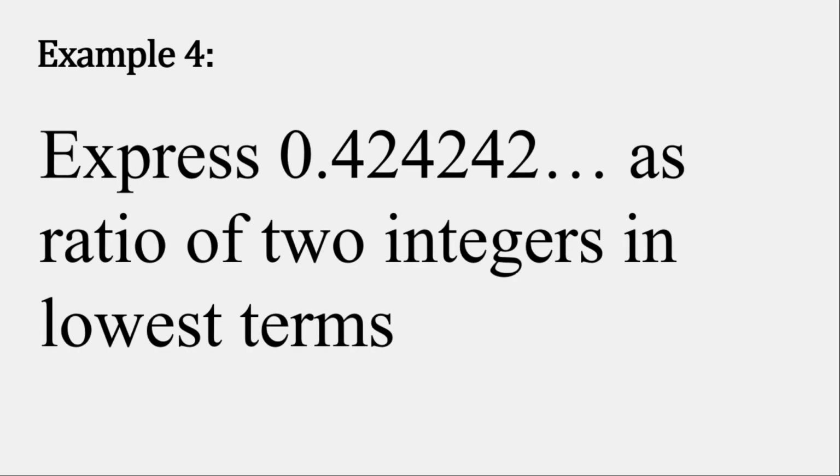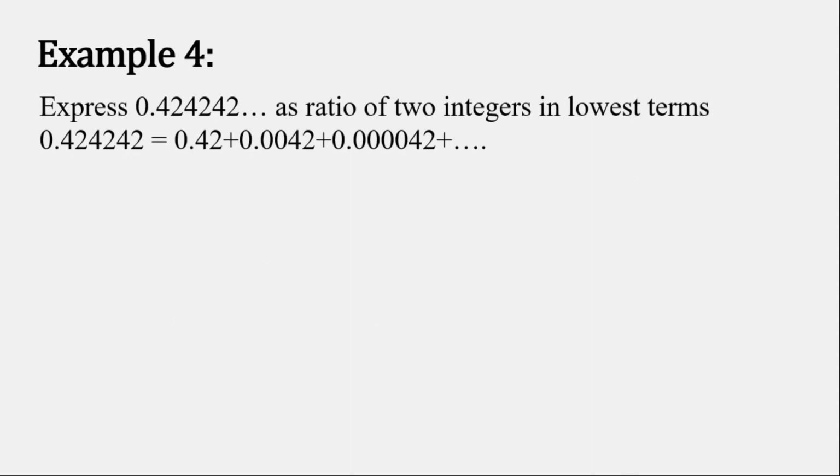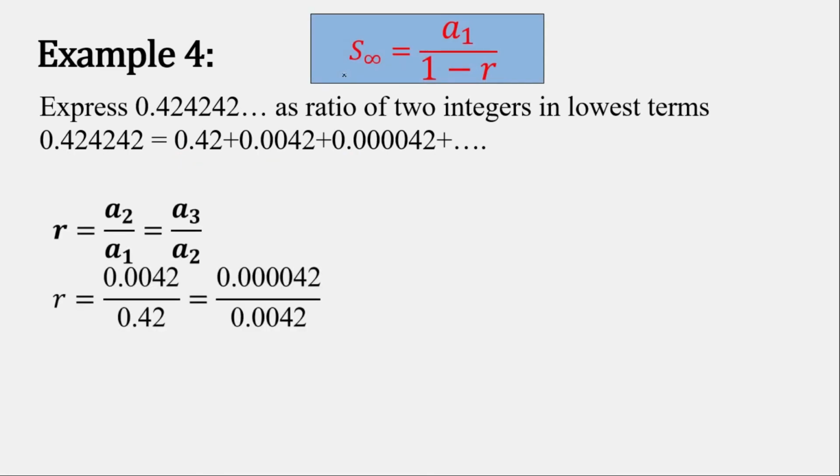Example number 4. Express 0.42, 42, 42, and so on as a ratio of two integers in lowest terms. We can rewrite 0.4242 and so on as this, and it forms a geometric series. If we get the common ratio of this series, we can say that the common ratio is 0.01.